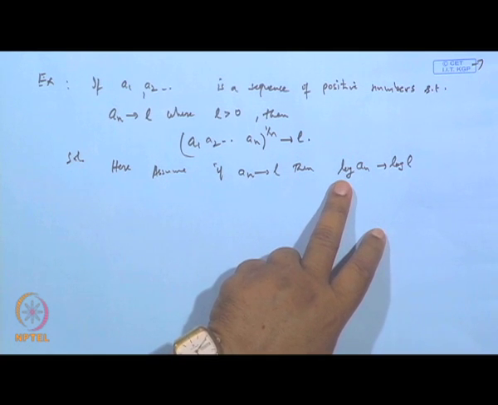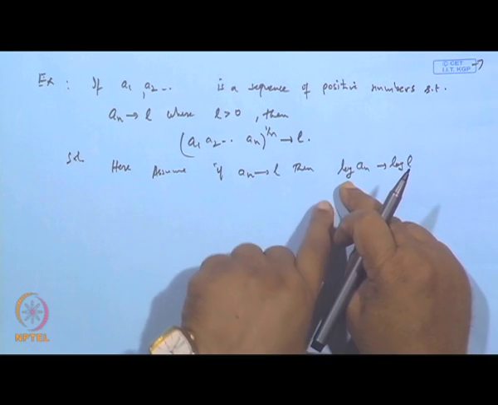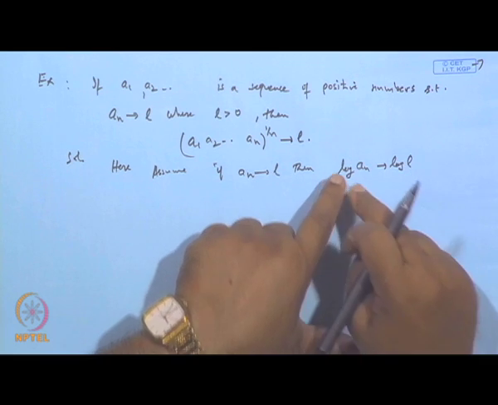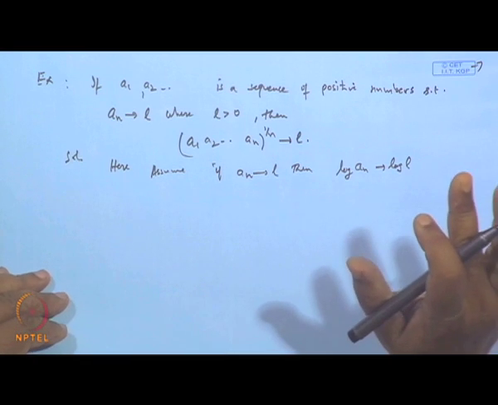A continuous function has the property that it transfers a convergent sequence to a convergent sequence. But since we have not gone to continuous functions so far, let us assume here that when An goes to L, then the logarithm of this will also go to log L.